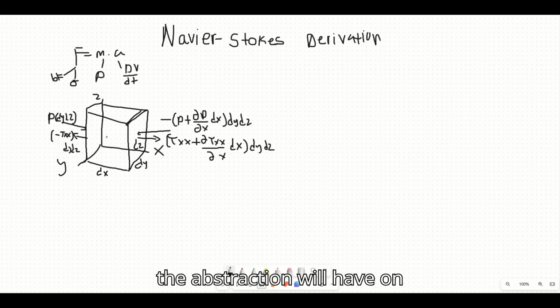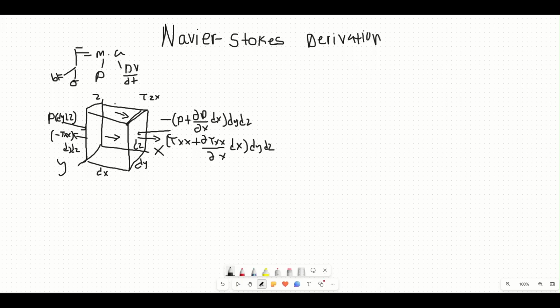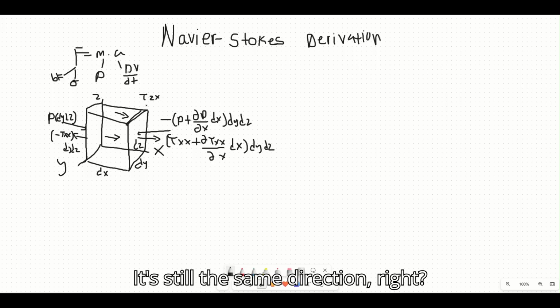Now, that's our normal stresses right here, but we also have our shear stresses. Our shear stress in the x direction will act on the y plane in the x direction, as well as on the z plane in the x direction. So this one can be denoted as tau zx, where z denotes our plane and x denotes our direction.